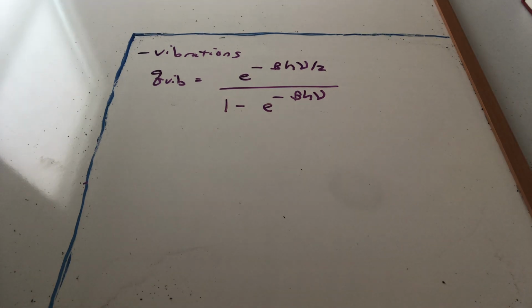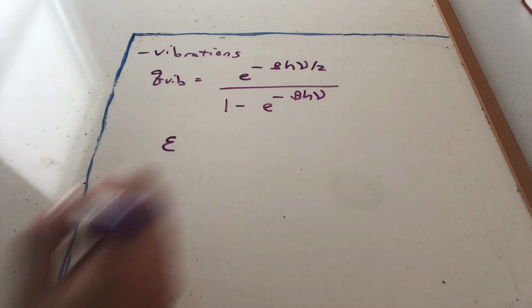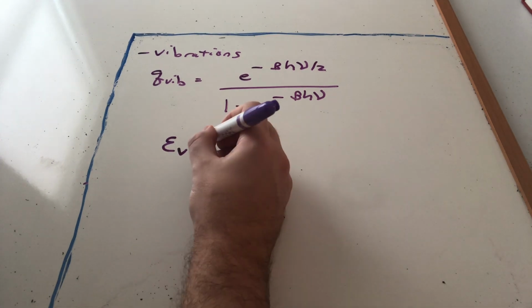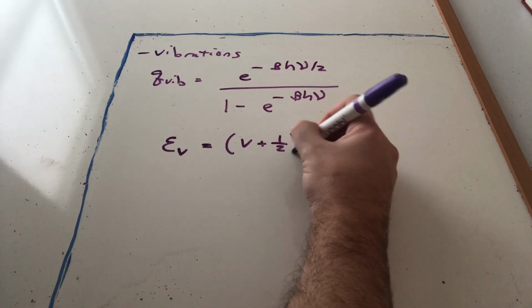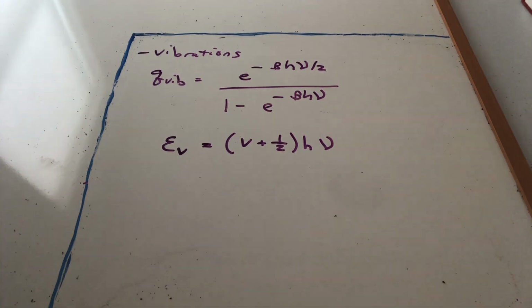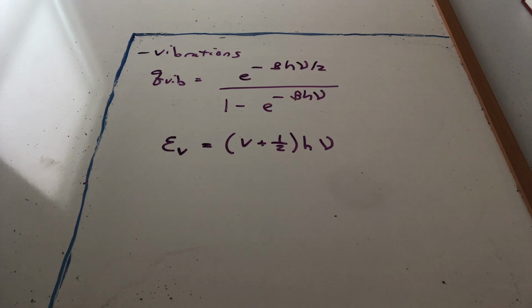Just to remind you, this is all based on the harmonic oscillator approximation, where we had energies that depended on the quantum number v, that made a ladder, v plus 1/2 h nu. This nu is the frequency of our vibration. h is Planck's constant. Again, there's work happening in the background that leads to this expression.